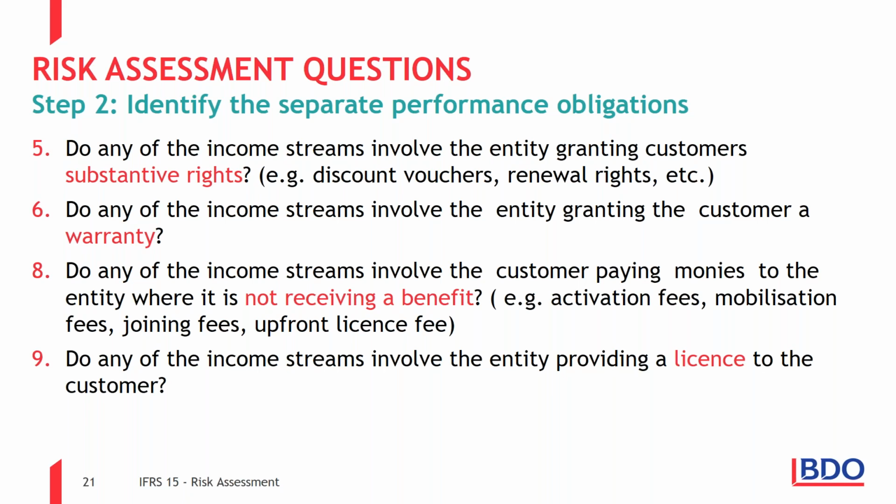As soon as you provide a warranty, the question would now be, is it a normal assurance warranty that we continue to recognize in terms of AASB 137 as a provision, or is it maybe a service warranty? Now, a service warranty would be something over and above a normal warranty that usually goes with a product. So, I buy a washing machine, there's a normal warranty that it will work for a year.